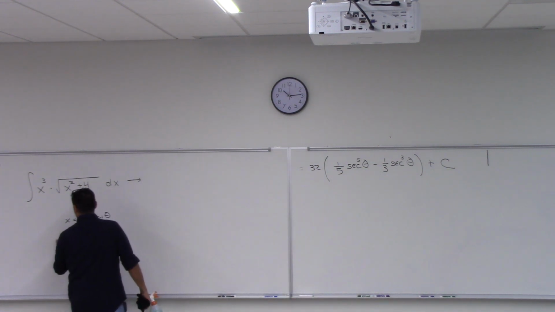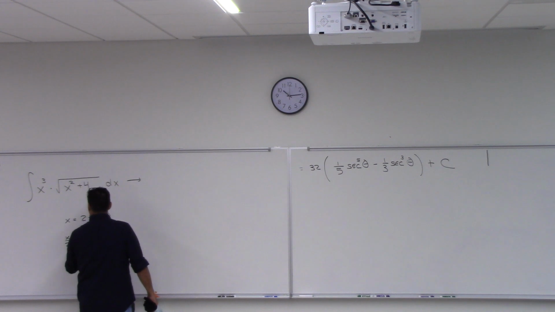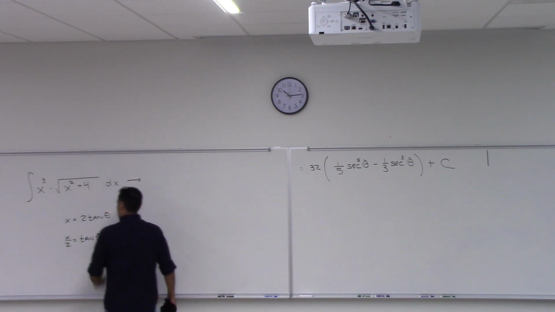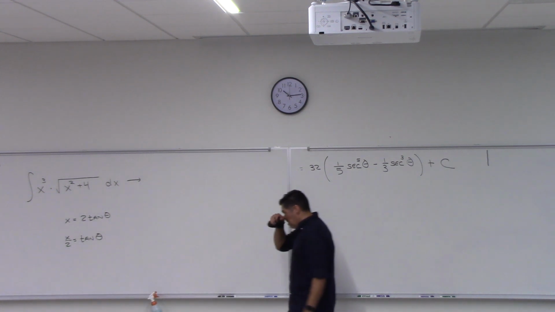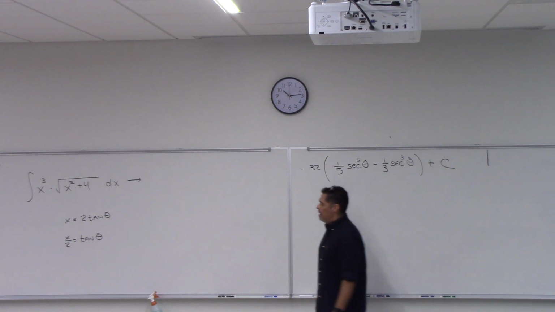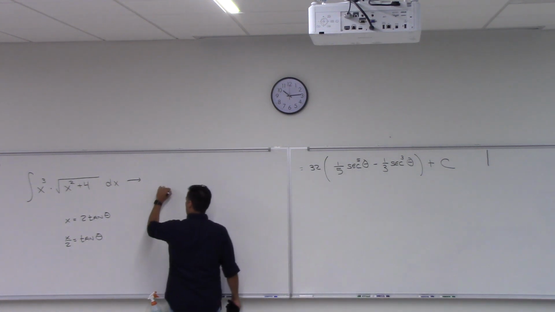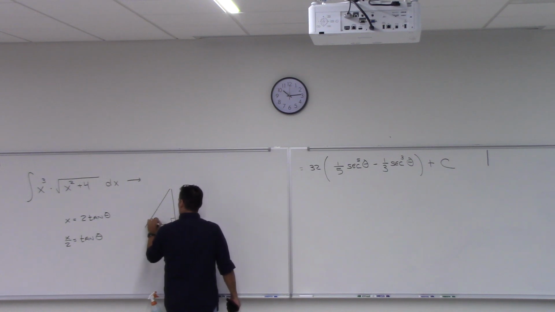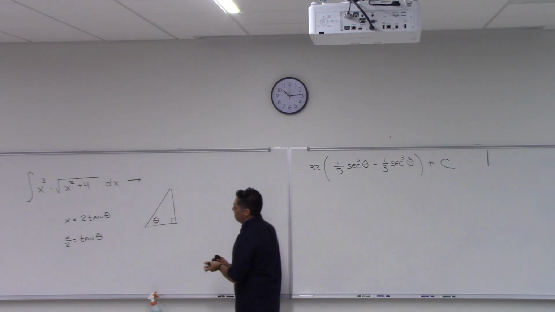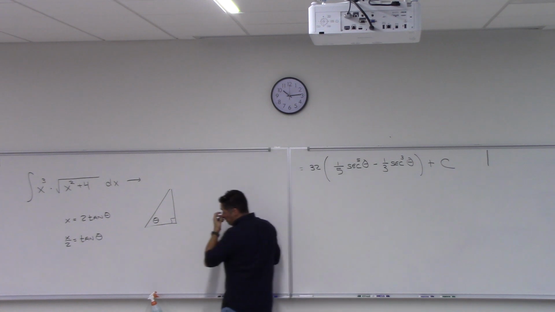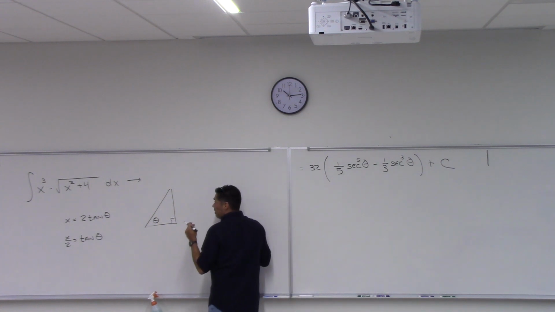All right, divide both sides by 2. All right, tangent theta is x over 2. And now a reference triangle. And for this reference triangle, tangent is opposite over adjacent, right?